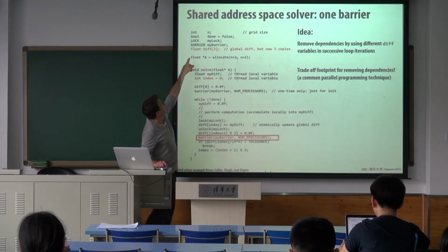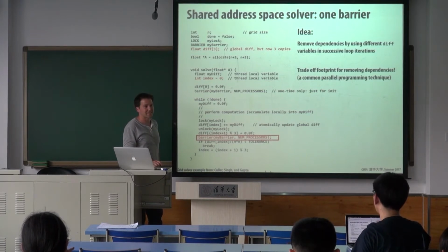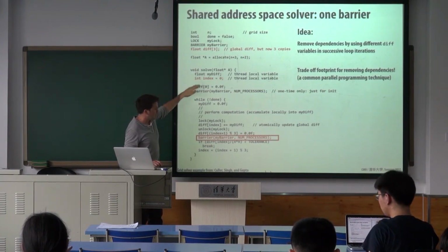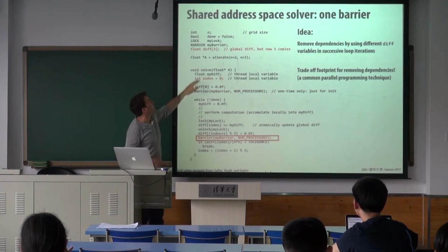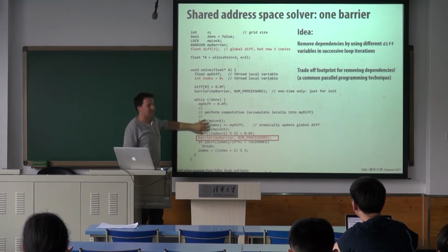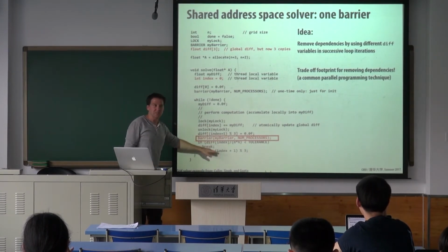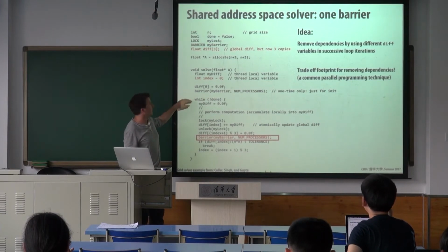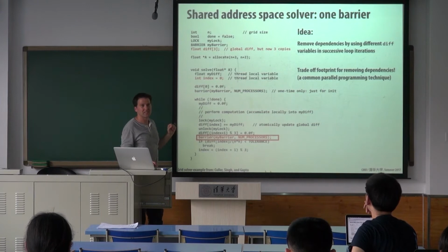I actually have 2 different diffs, or 3 different diffs. And so every time we go through the loop, we are adding to one of the diffs. So the first time through, we add to diff 0. The next time through, we reset diff 1 and add it to diff 1.